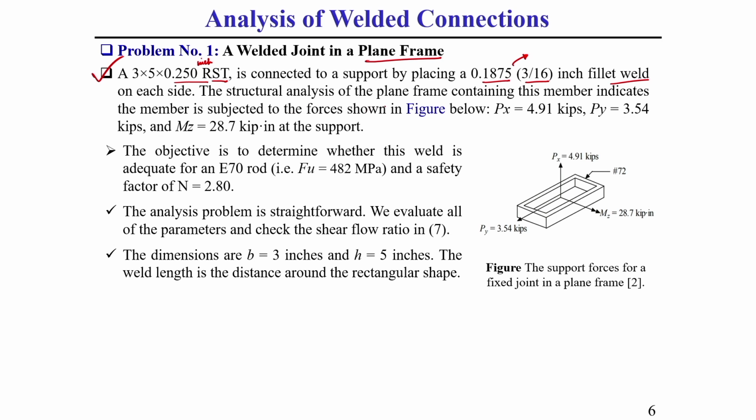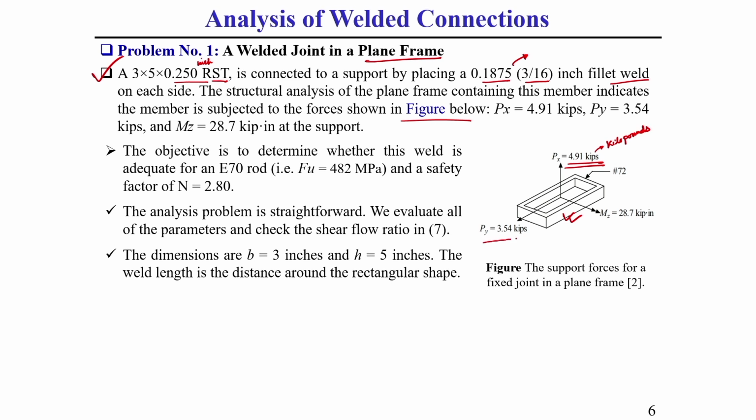The structural analysis of the plane frame containing this member indicates the member is subjected to forces as shown in the figure below. So, this rectangular structure is subjected to a Px force, that is 4.9 KIPS, that means kilo pounds.